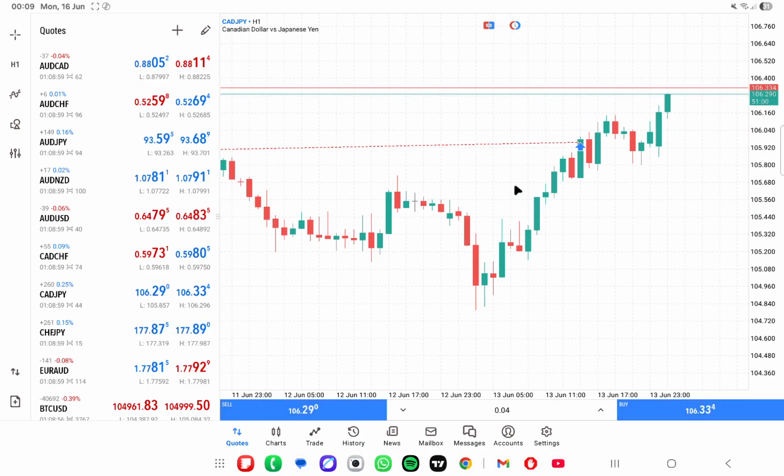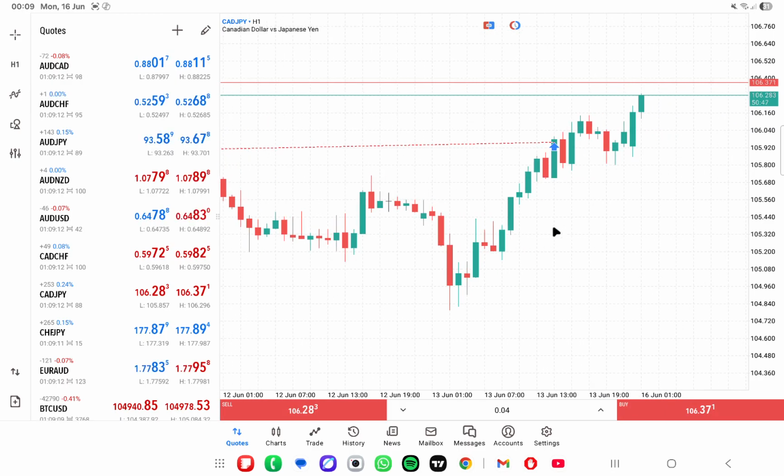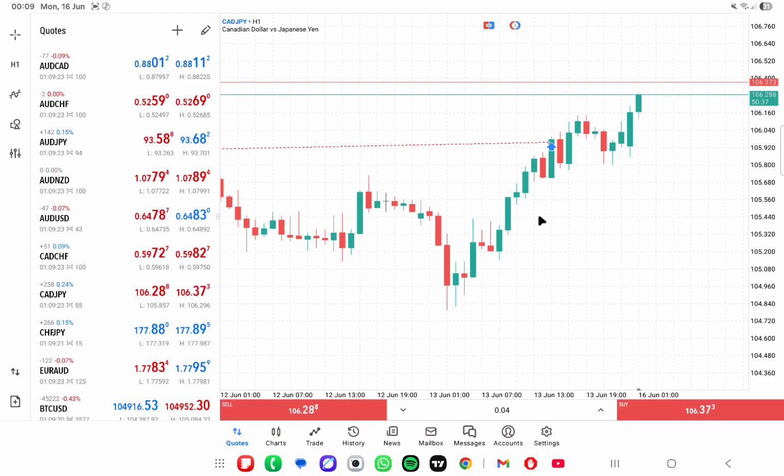It moved smoothly, but then ended up reversing and taking me out at break even. I should have closed this trade here, because I looked at the futures market and should have seen that the Japanese yen was going to weaken, and we also have a monster gap, so I'm expecting more continuation to the upside. I'm very bearish on the Japanese yen for the week, so we'll see what opportunities we get.